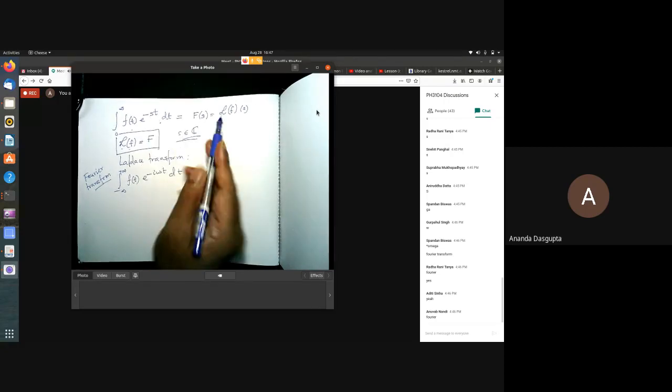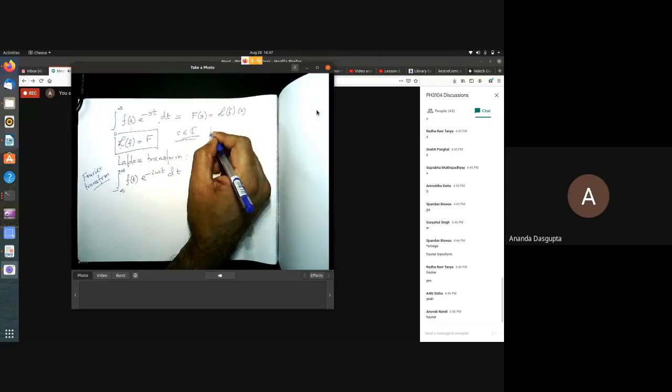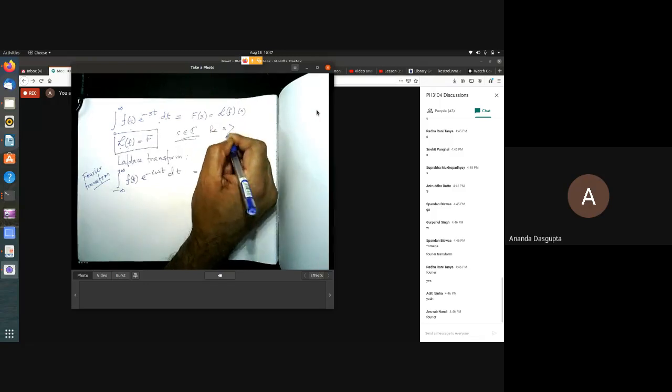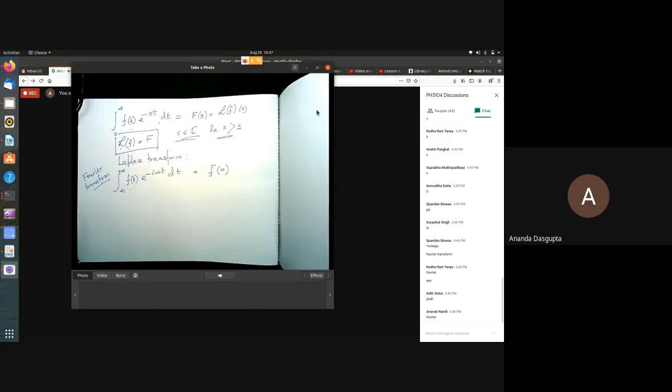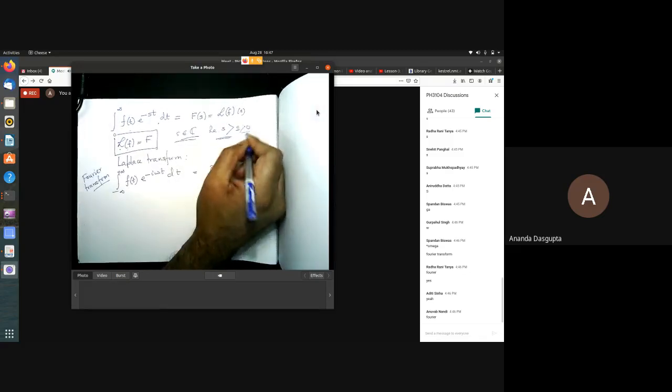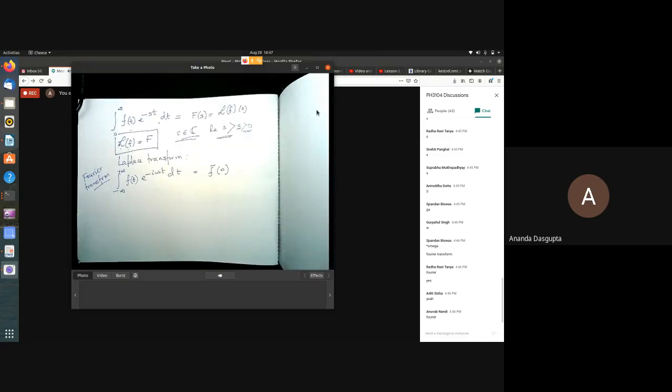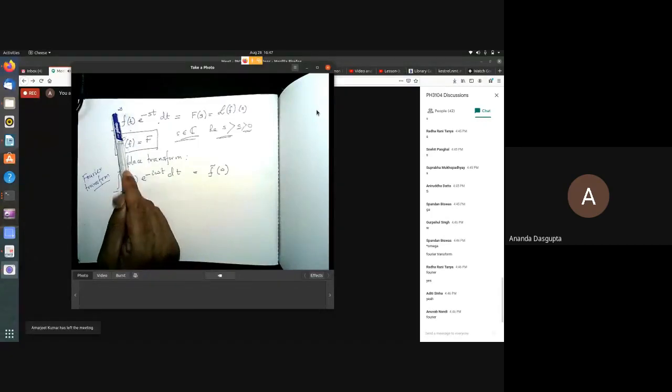But s is complex typically, as you will see, with the real part of s typically bigger than some positive number. Can you realize why that's being done? Notice that you're integrating all the way up to infinity.